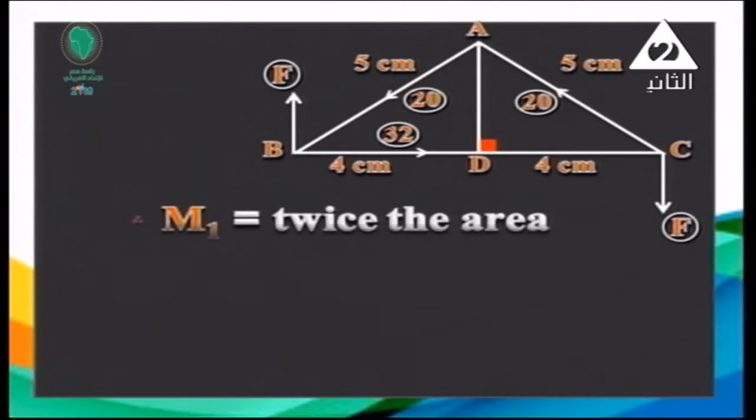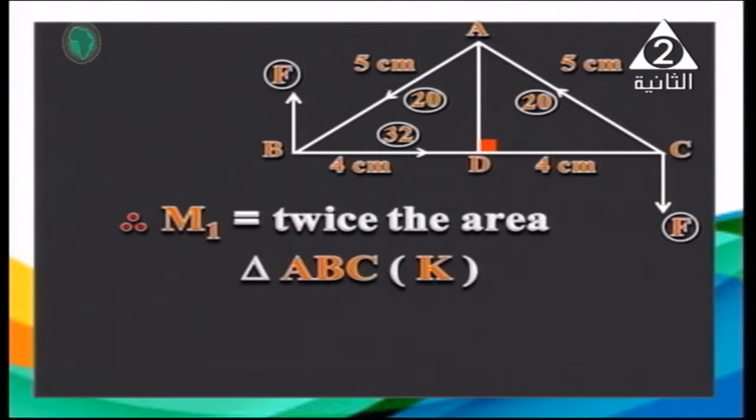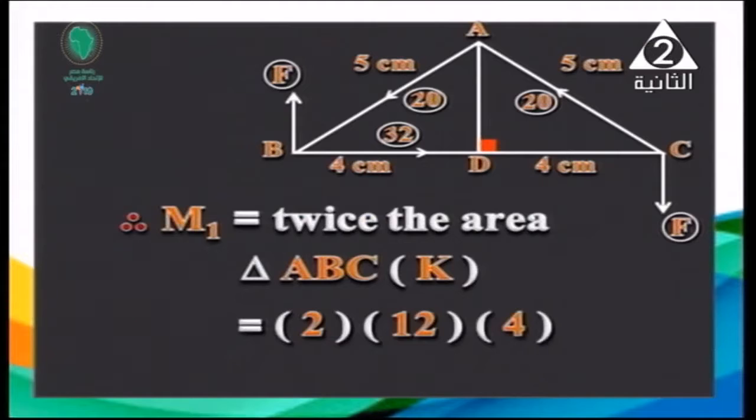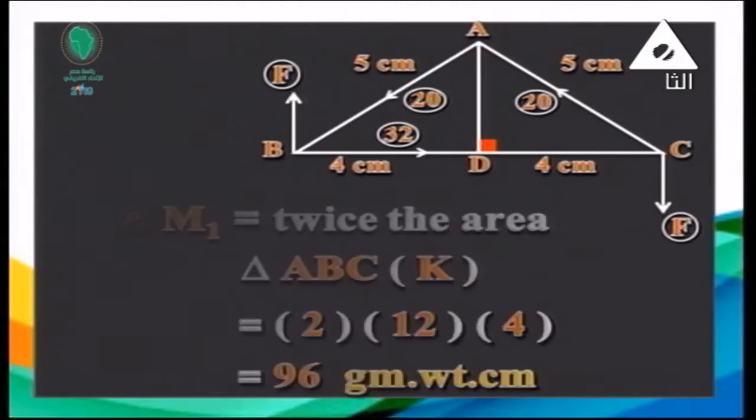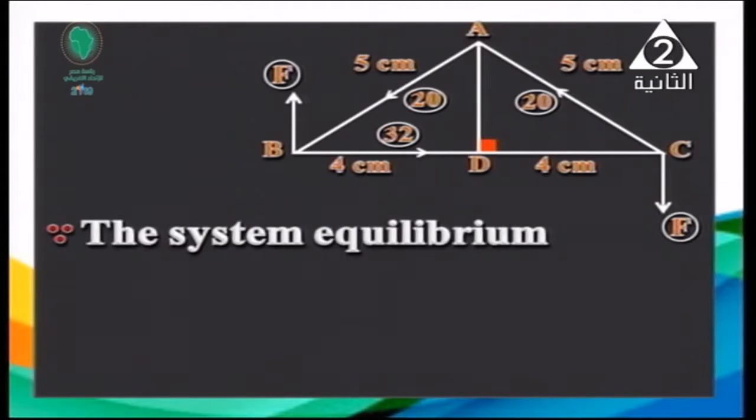Then the moment, by this rule, is twice the area of triangle ABC times what? Times K. K is the scale. 2 times 12 times 4 equals 96 gram weight centimeter. The system is equivalent to a couple.